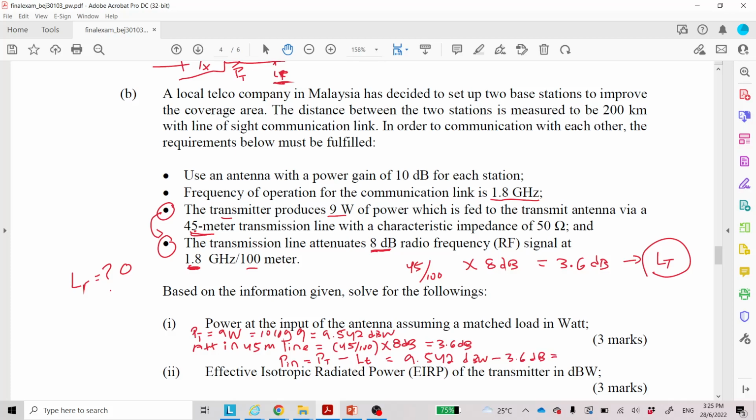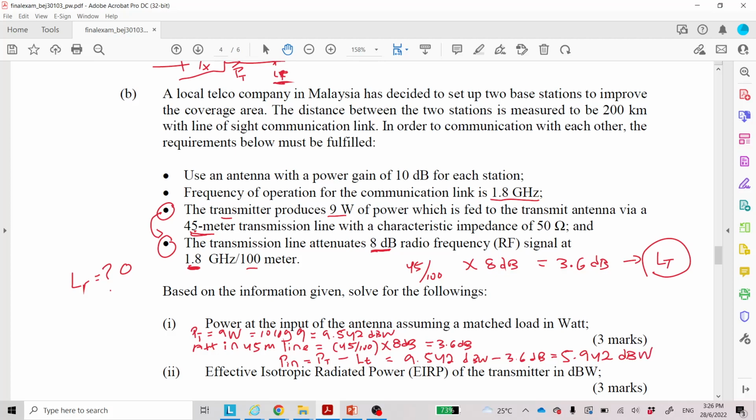So 9.542 minus 3.6, we're going to get 5.942 dBW.